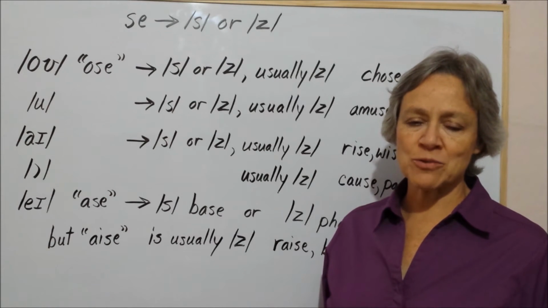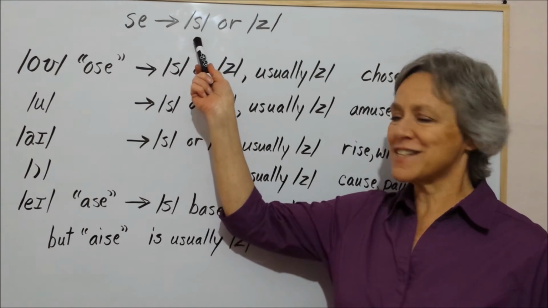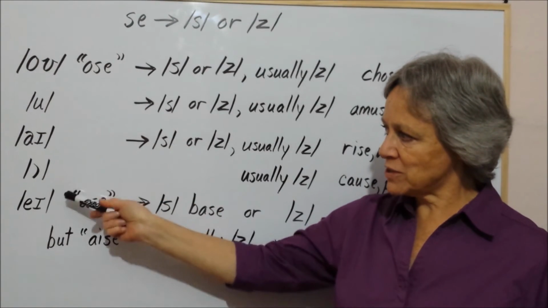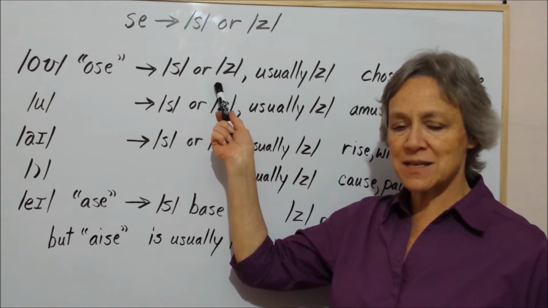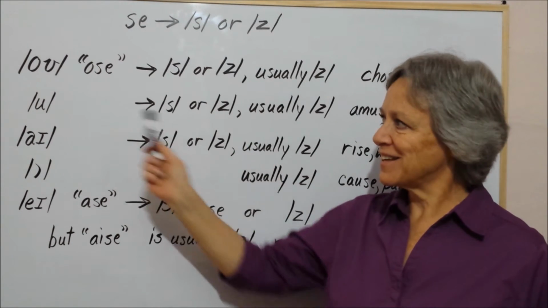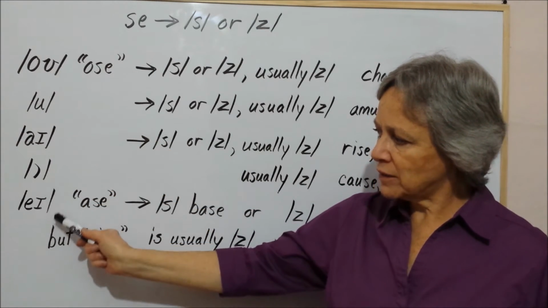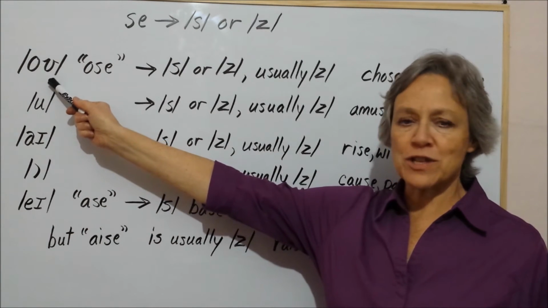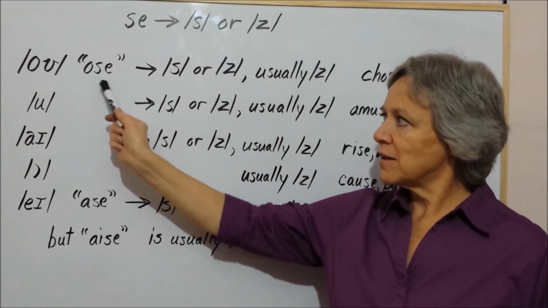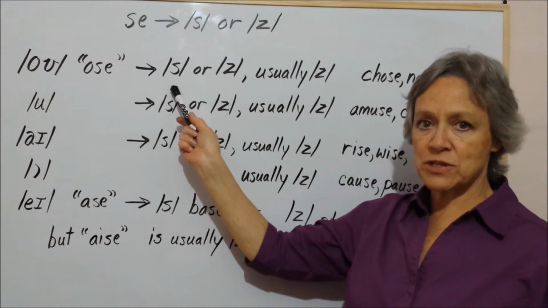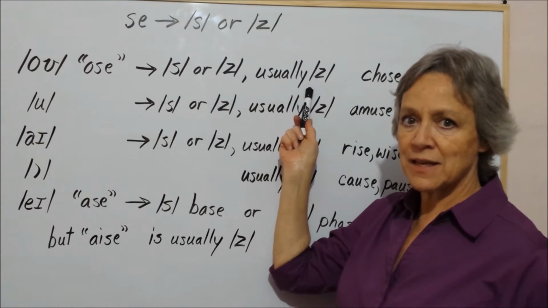When I looked at different vowel sounds, I saw that still the letter S could be pronounced either S or Z, but with these vowel sounds, the words that I looked at more often were pronounced with the Z sound. So let's take a look. This is O, U, I, A, A. So for the sound O, and in particular the letters O-S-E, the letter S could be pronounced either S or Z, but I found that it was usually pronounced Z. Here are some examples.